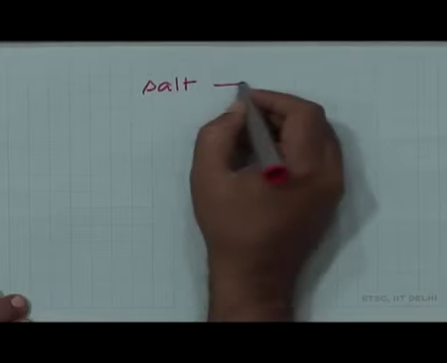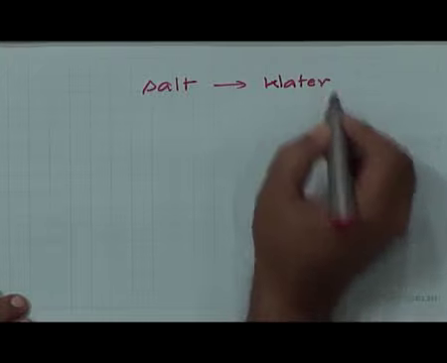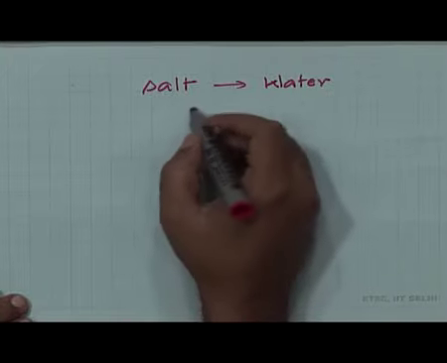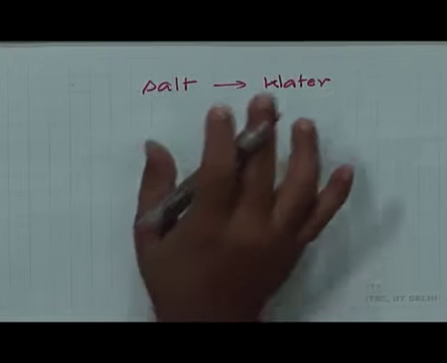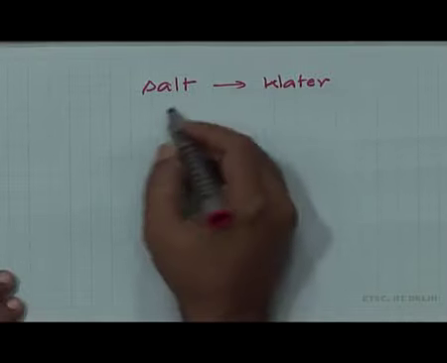So, suppose we have sodium acetate. If we put salt into water and we want to know which kind of solution this is, whether it is an acidic, basic or neutral solution.